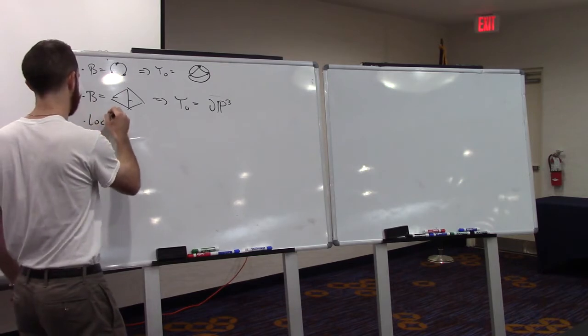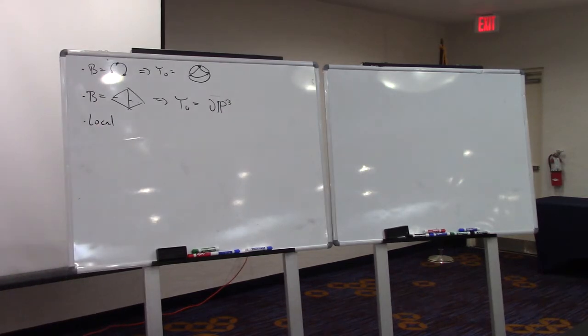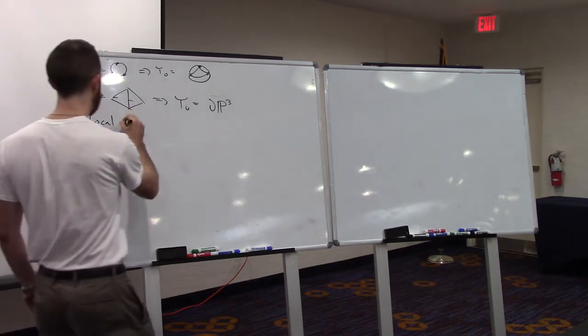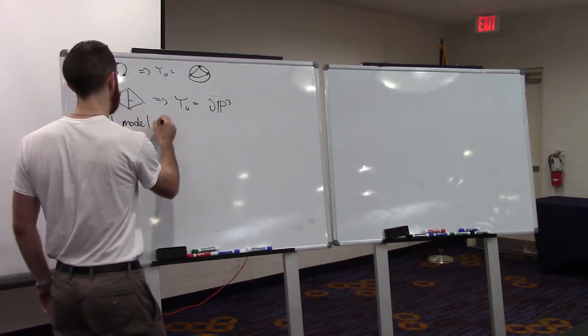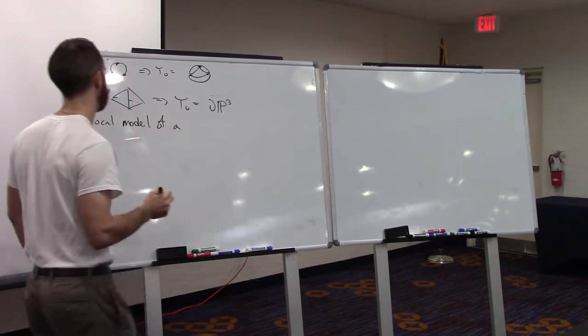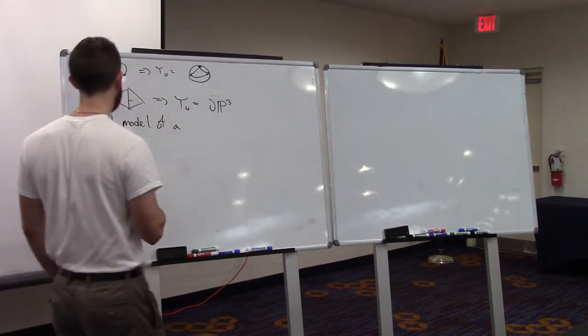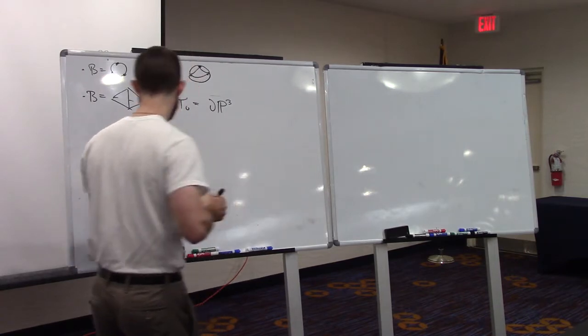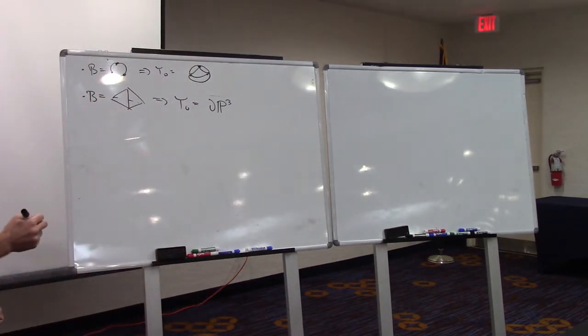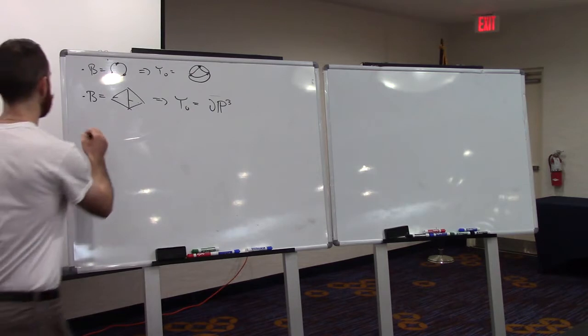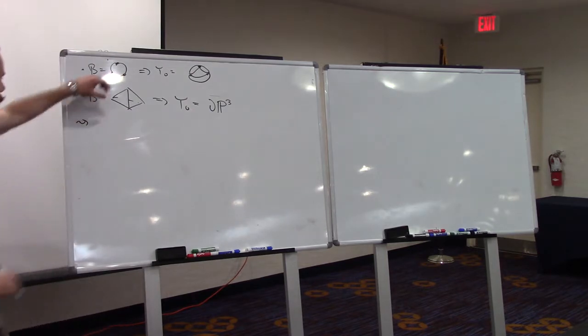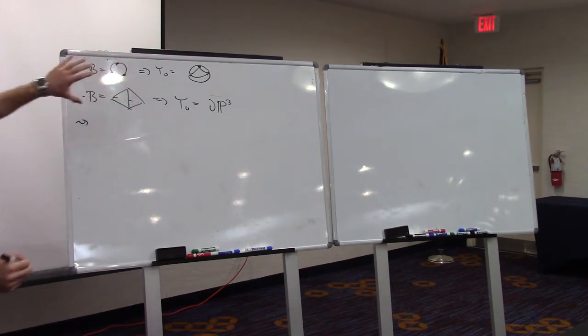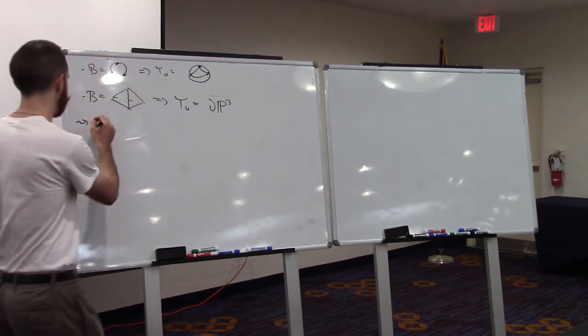Just to put this on the board for later in the talk, the local model of a singularity: I can restrict to small neighborhoods down on this base, and those give me some neighborhoods of Y0.